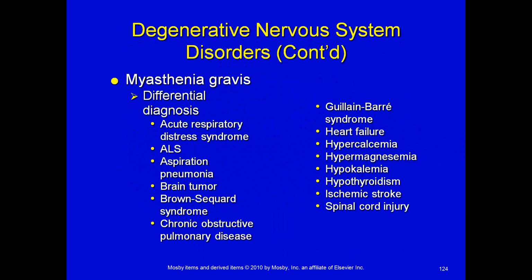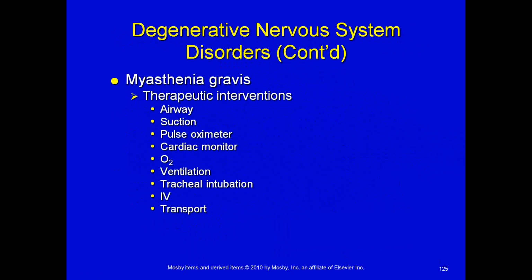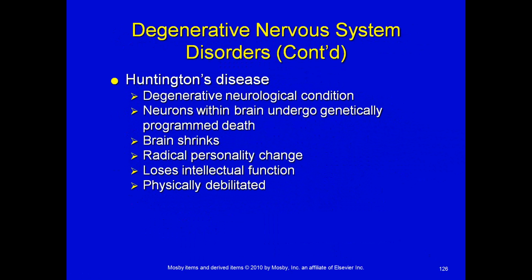All these things could be potential differentials for a sudden onset of muscle weakness. Therapeutic interventions: airway, suction, pulse ox, cardiac monitor, oxygen and ventilation, tracheal intubation if necessary, establish an IV, which can be done en route in transport.